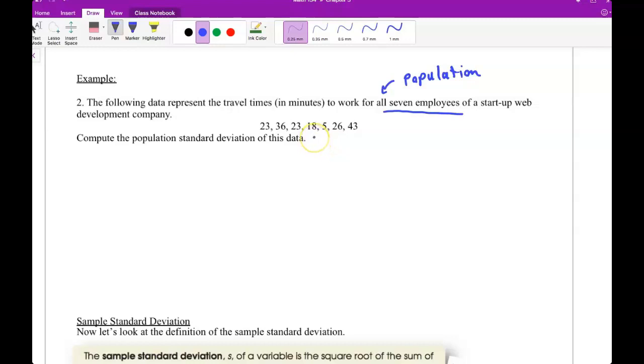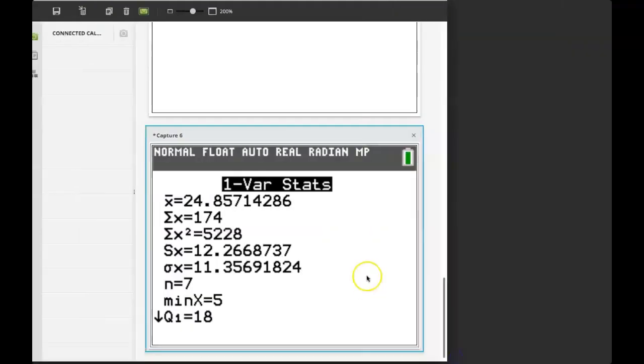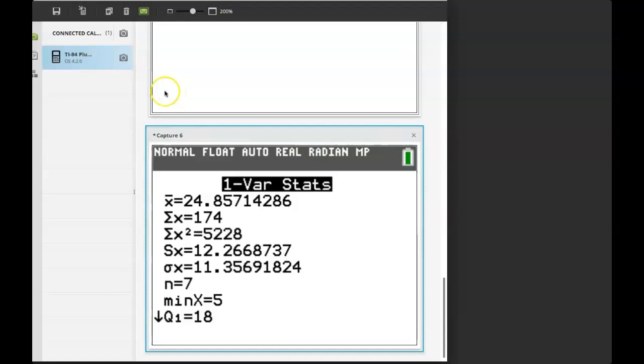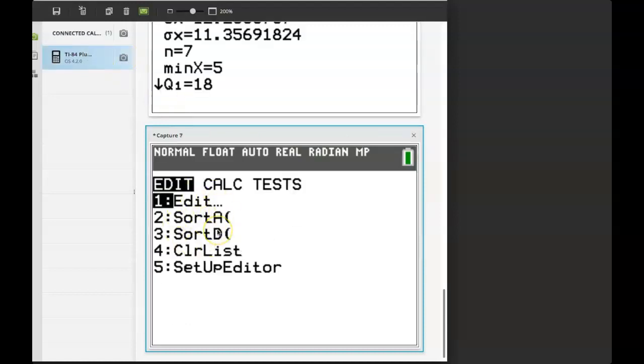Now using the TI-84, press stat. You should have this page, and after that, here is edit, enter. Then enter your data in the first column, L1.